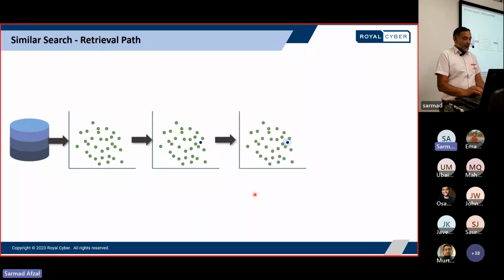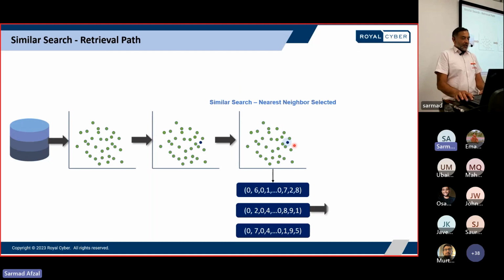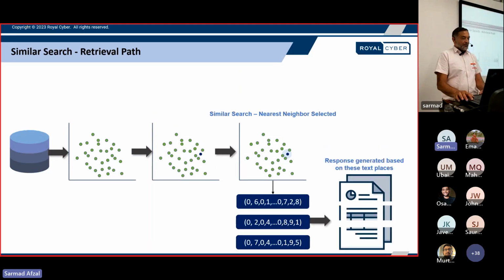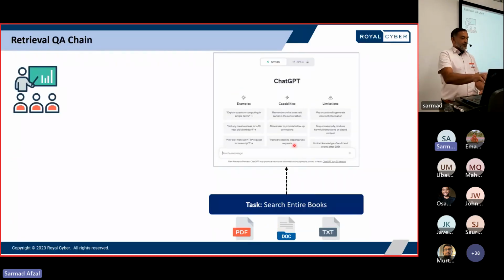Whatever values are closer in proximity, it will get that data, and that data and the question will be sent to the OpenAI model, and then the OpenAI model will respond back.